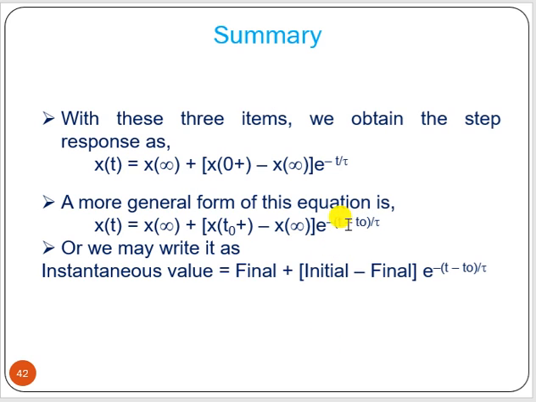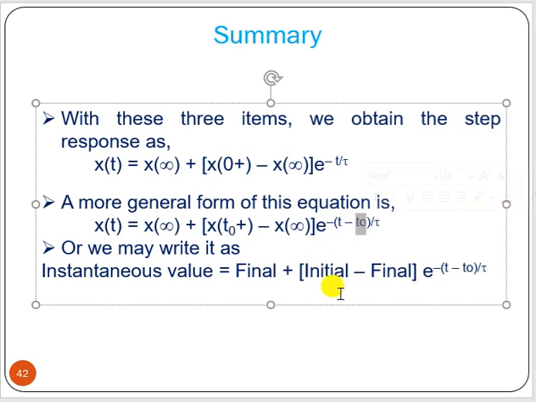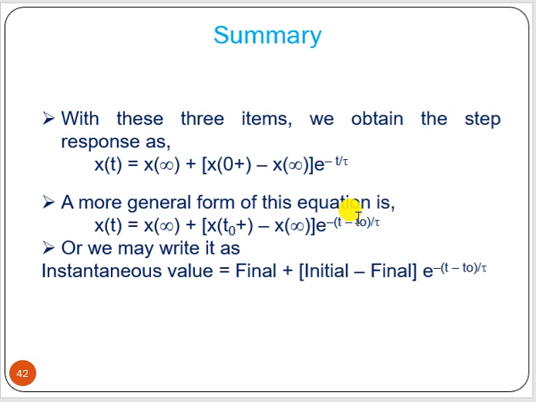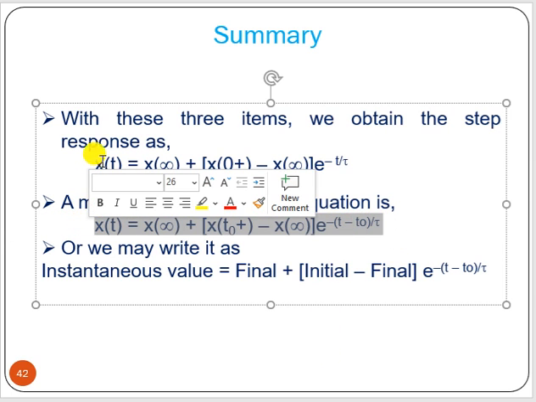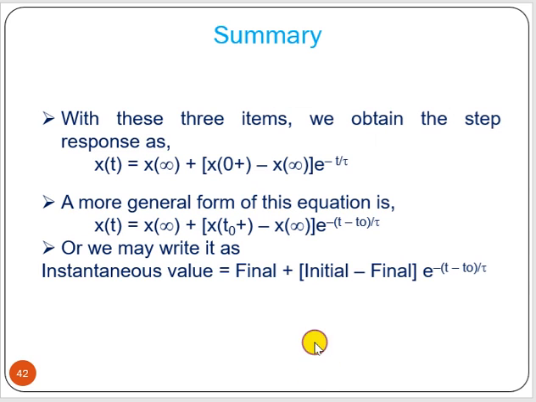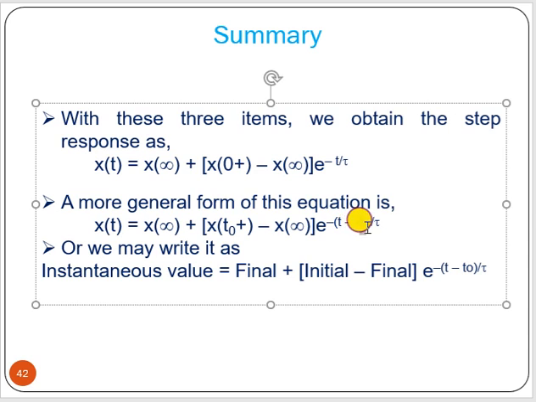If you work only at t equal to 0, then t0 is 0, right? If it is delayed, then you have to put the t0 value here. So it is better to remember this formula, or you can remember both of these formulas. This t0 comes because of the delay, that shifted version. If the switch is closed at t equal to 0, then what is the value of t0? That is 0.